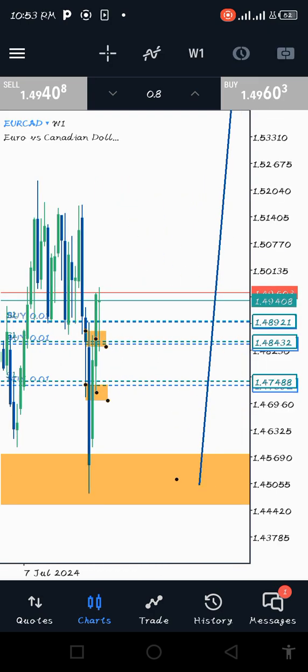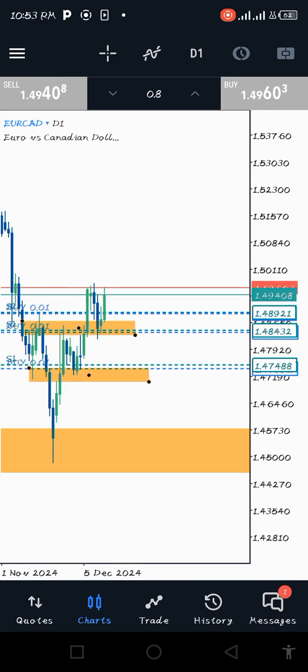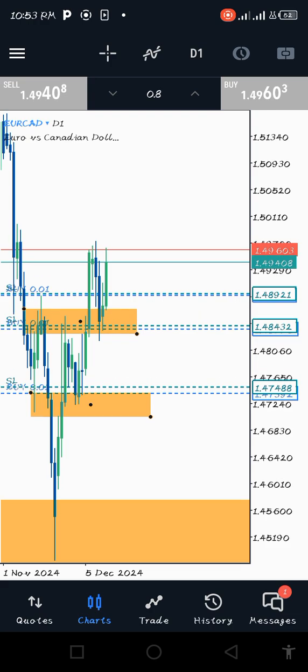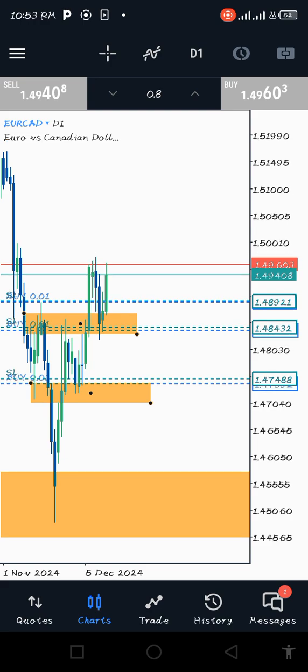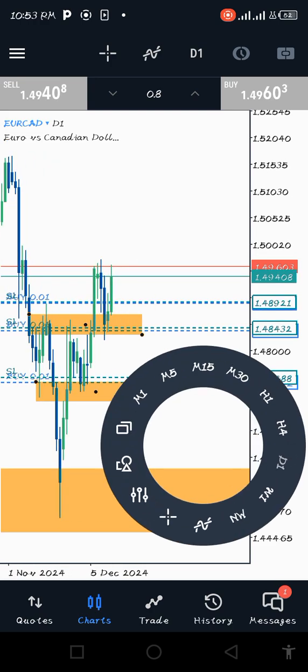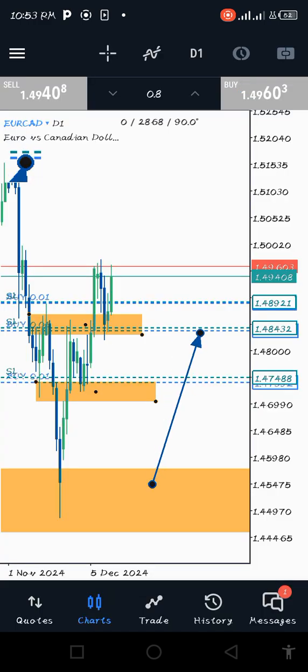We are expecting buying opportunities to the upside, so we go to the daily time frame and see where we can consider taking buying opportunities on this pair. So you can understand why I took these buys and these buys. Let me explain why I took these buys.